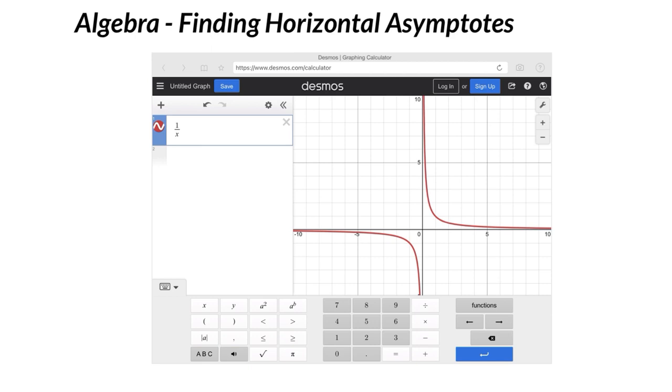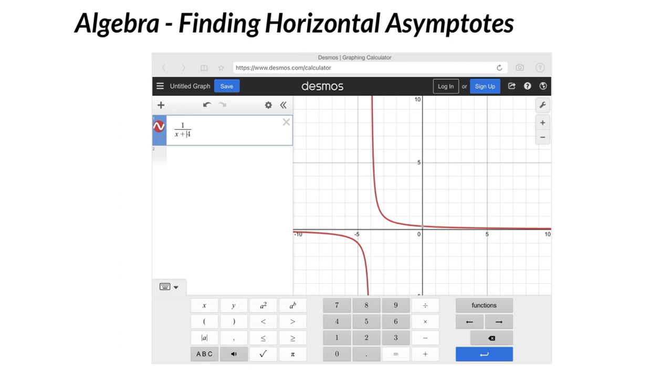But we can change our horizontal asymptotes a little bit. Let me show you that. So if I were to make it x plus 4 in the denominator, you can see I've shifted over the vertical asymptote to be negative 4. But the leveling off, the horizontal asymptote, is exactly the same.